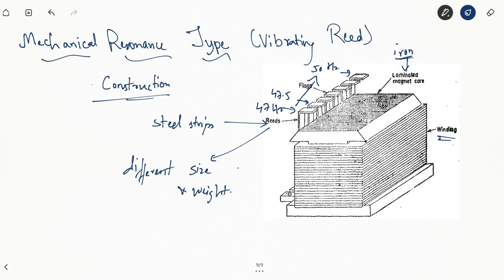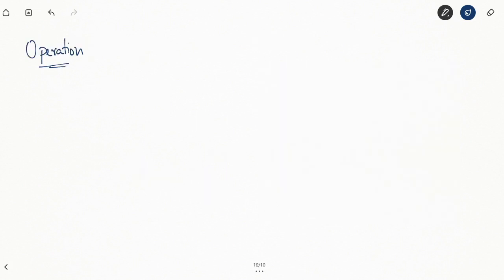Simply stating that if the first reed is oscillating at 47 hertz, the next will be oscillating at 47.5 and the next at 48, and ultimately you will have one reed that's oscillating at 50, another at 50.5, and so on. Okay, now moving on to the operation of this particular frequency meter device.